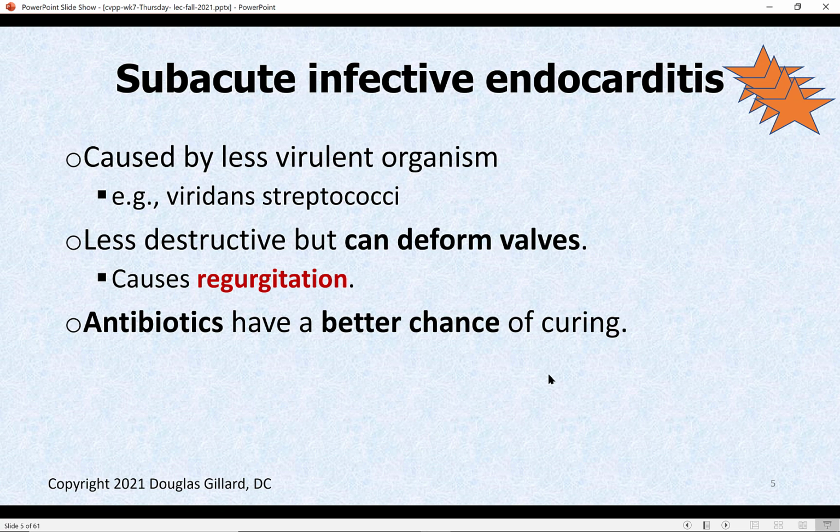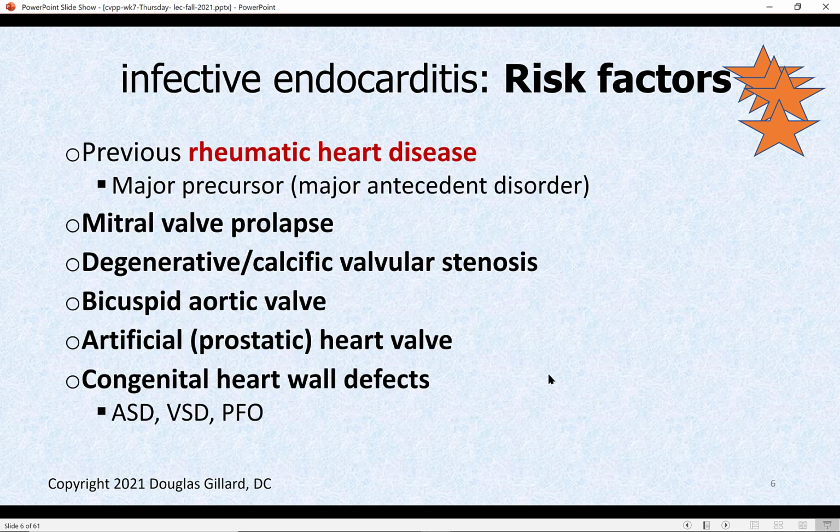It's not as destructive, but it can start to not so much destroy the valves, but warp the valves. It's associated with an inflammation, and the valves can start to kind of dehydrate and shrink in, and you get a regurgitation because of that. Antibiotics are much more successful at this one. It usually doesn't end up with any type of surgical procedure.